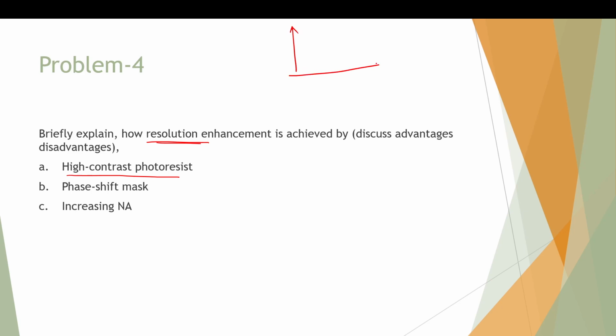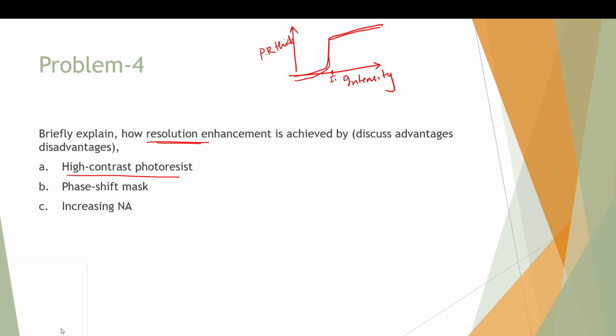It means that if this is my optical intensity of the incoming photons, and this is the PR thickness after development, then for the regions where the intensity exceeds some threshold intensity, the PR thickness will go up, or down, depending on whether it's positive or negative. But the region where it's going from a low PR thickness to high PR thickness is very small, or in other words this slope is very steep. So that is high contrast photoresist.